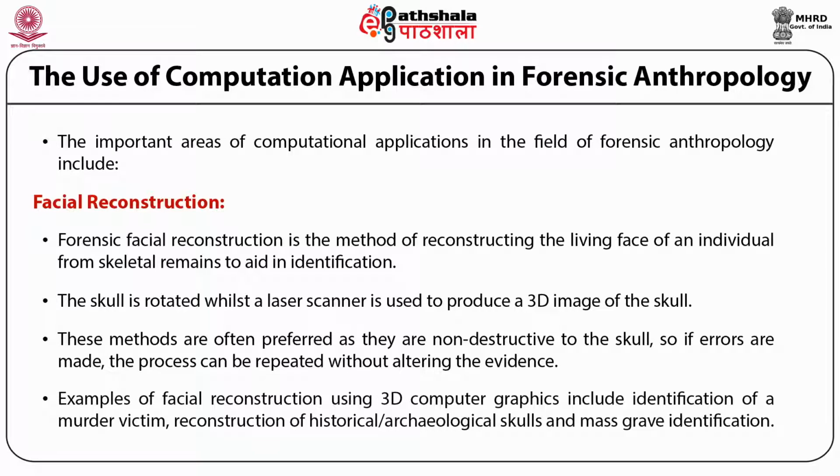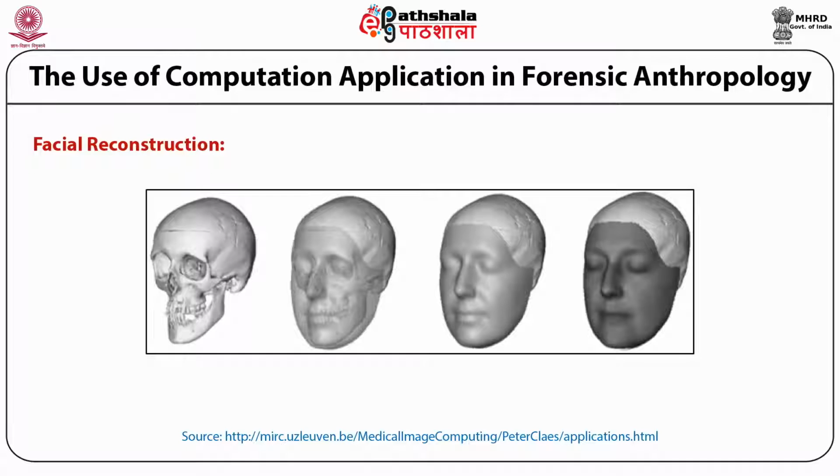Examples of facial reconstruction by 3D computer graphics include identification of a murderer, reconstruction of historical and archaeological skulls, and mass grave identification. This diagram is showing you the computed tomography scans, which allow us to determine the muscle, fat, and skin to be placed over the skull.